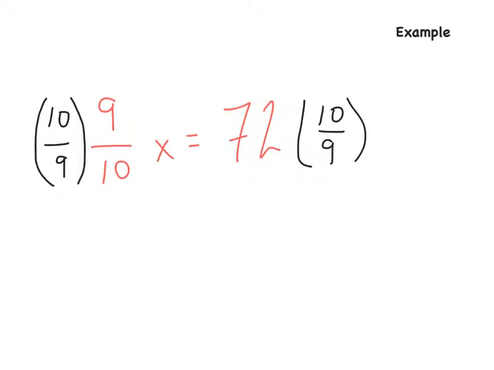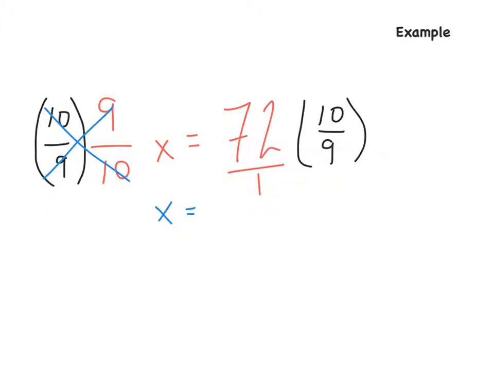So the 10/9 times 9/10 on the left, these cancel out, and all you have left is x. Now we have 72 times 10/9. Let's rewrite 72 as a fraction. So if we do that, this would be 72 over 1. So we could multiply straight across and have 72 times 10 is equal to 720, and 1 times 9 is equal to 9.